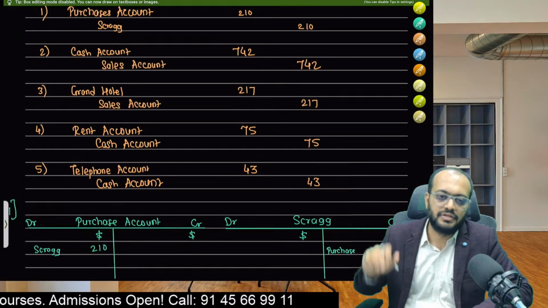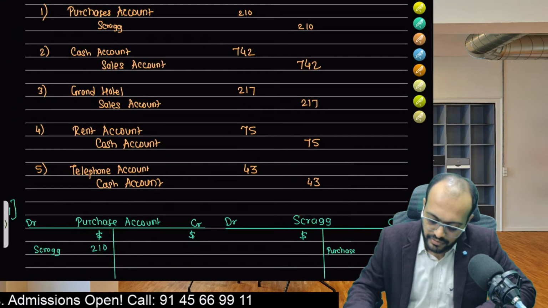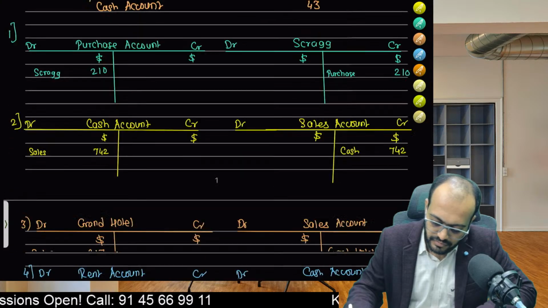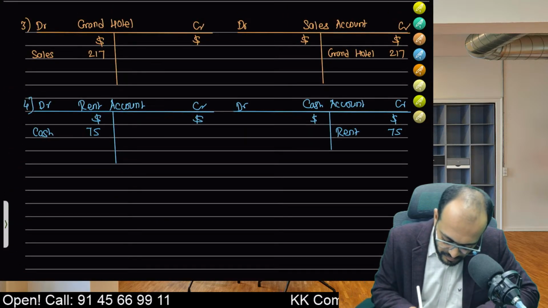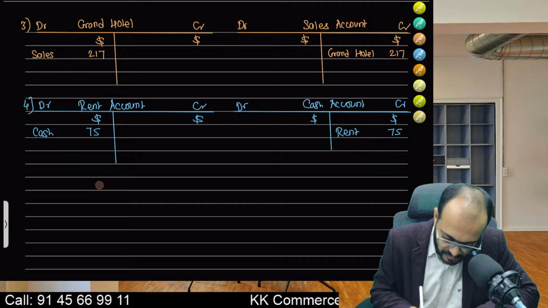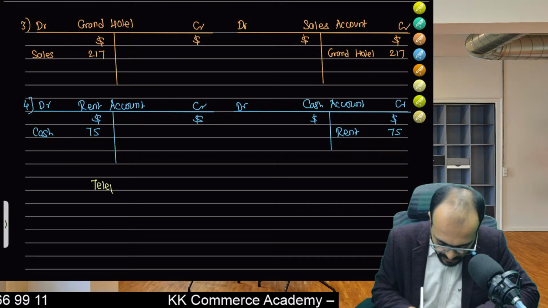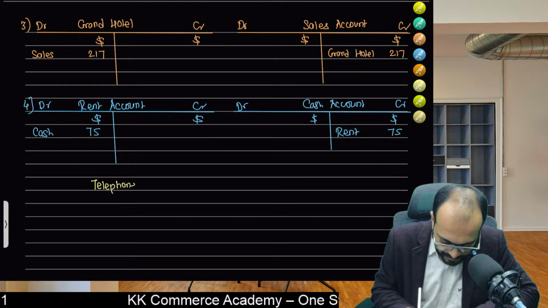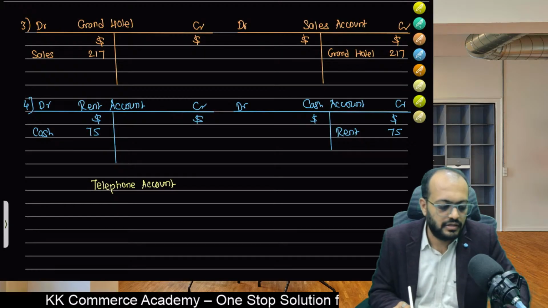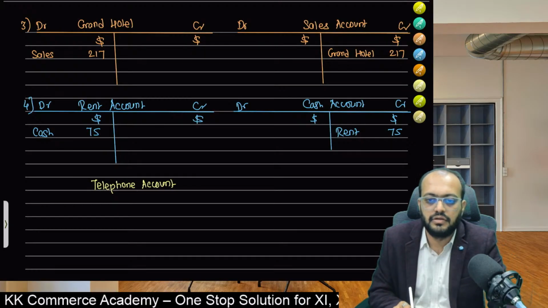Now last one, fifth. Telephone account and cash account.